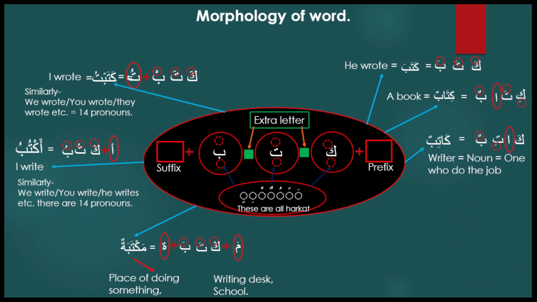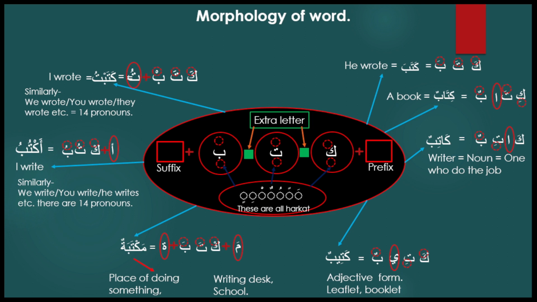We can write katibun, with the alif in between the first and second letter. Katibun means writer, the one who does the job. Here the ya has been inserted in between the second and third base letter.